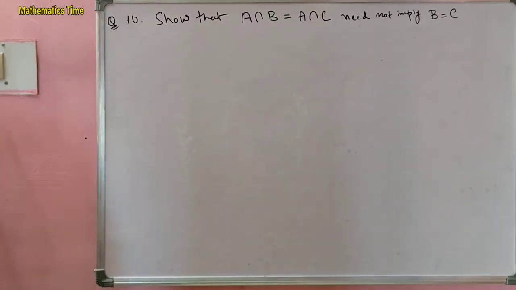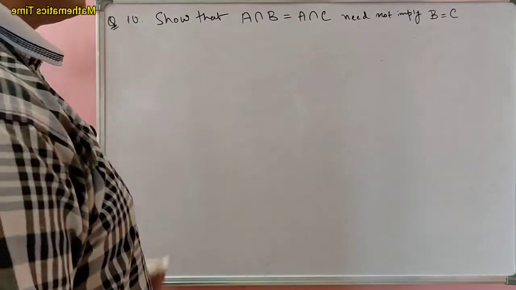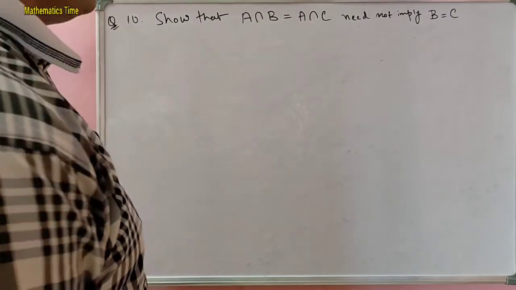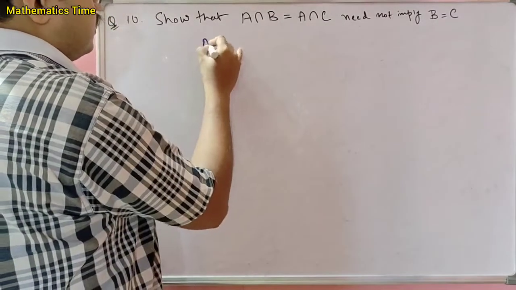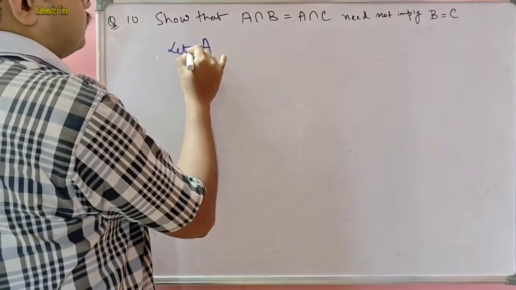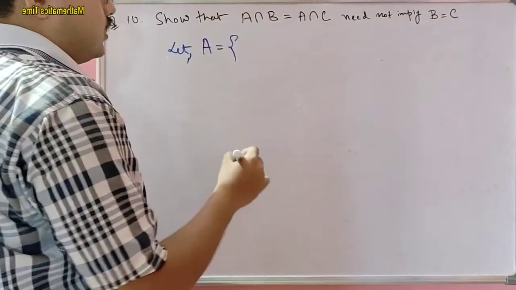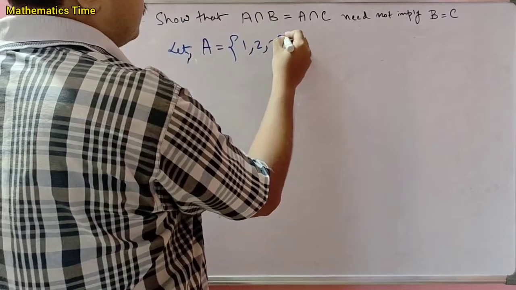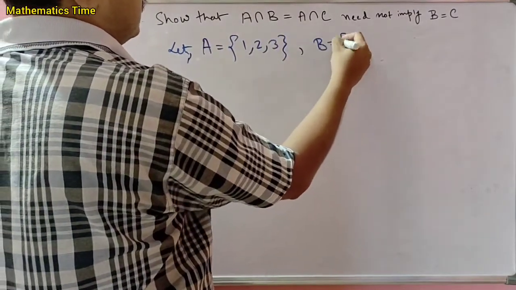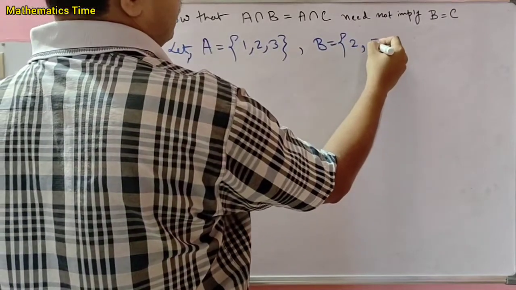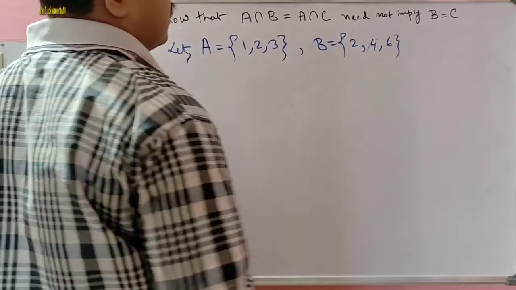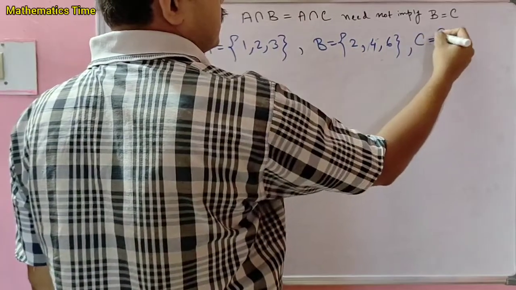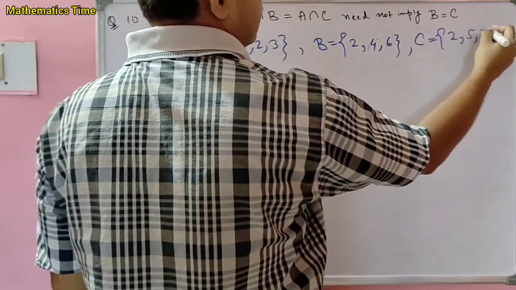So our next problem is to show that A intersection B equal to A intersection C need not imply B equal to C. We are going to solve this by taking an example. Let A be the set 1, 2, 3. B is the set 2, 4, 6. And C is the set 2, 5, 7.